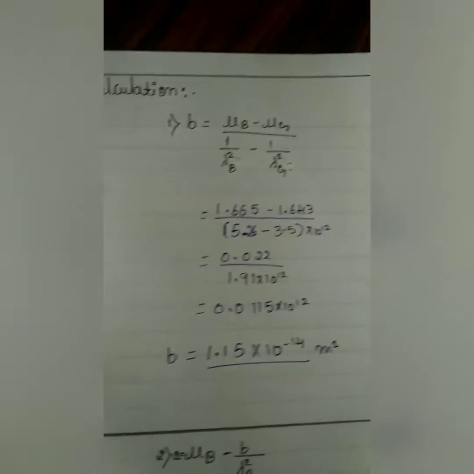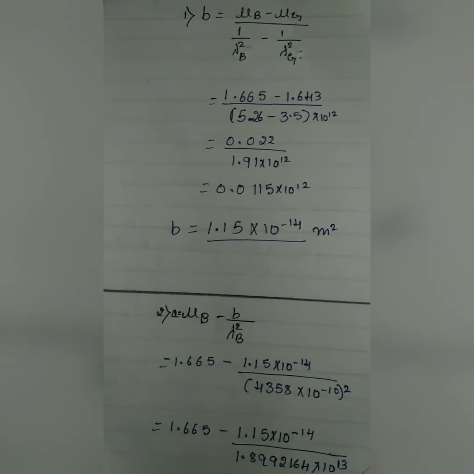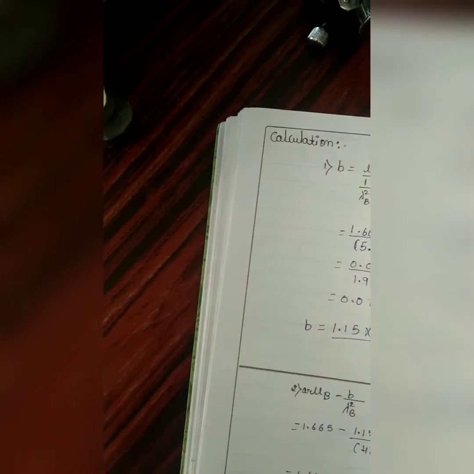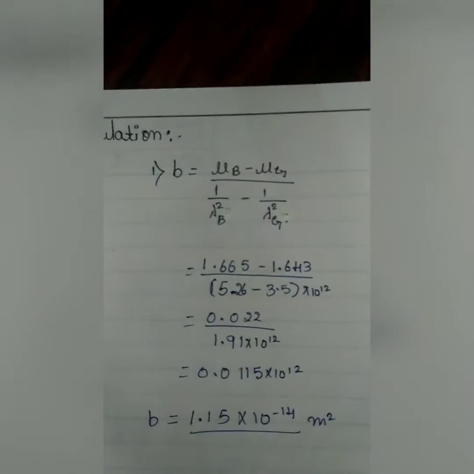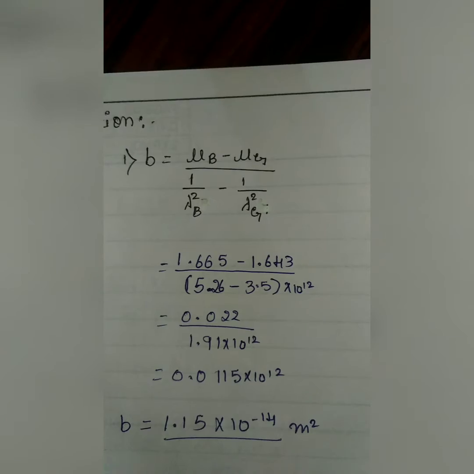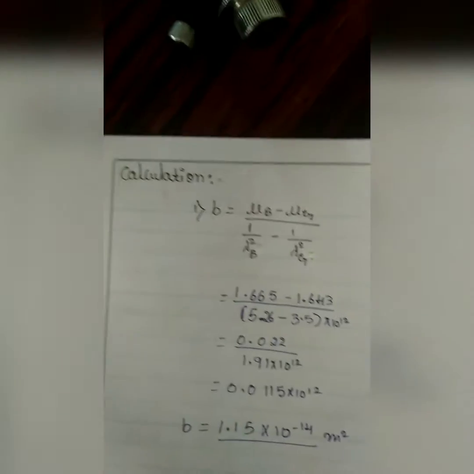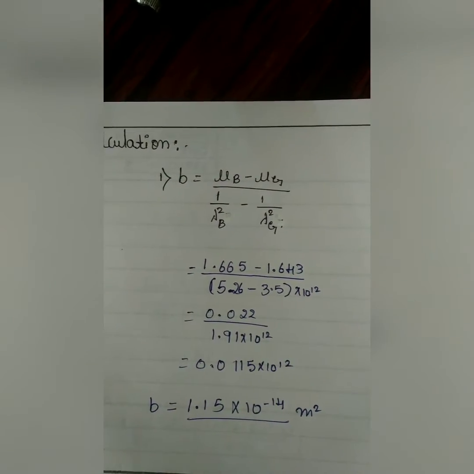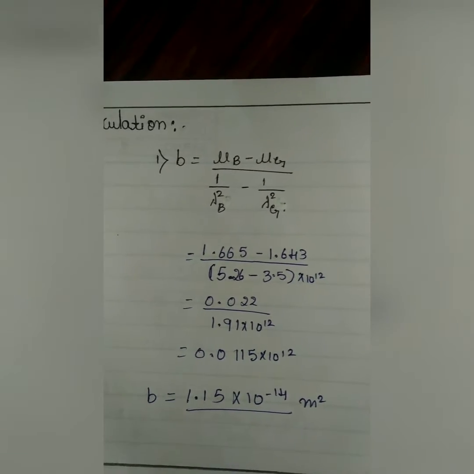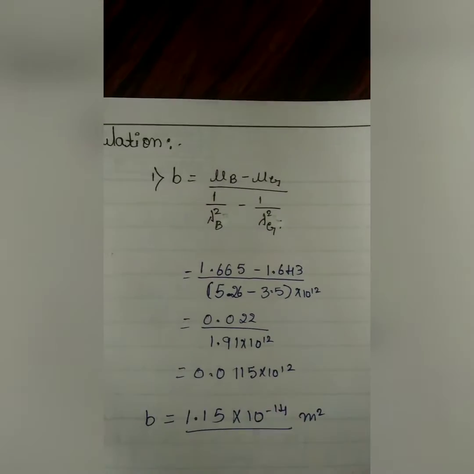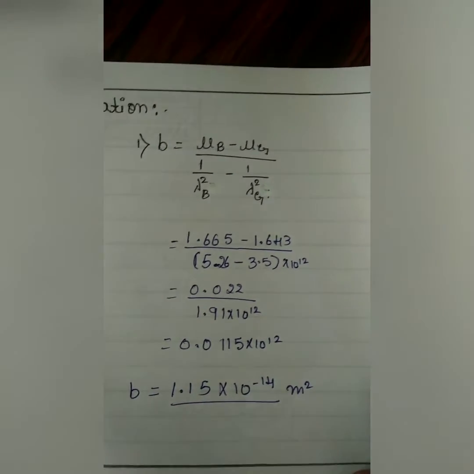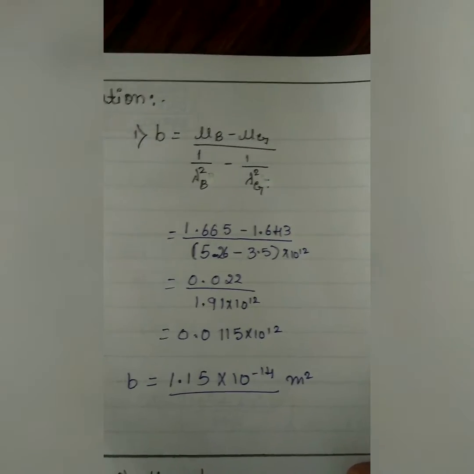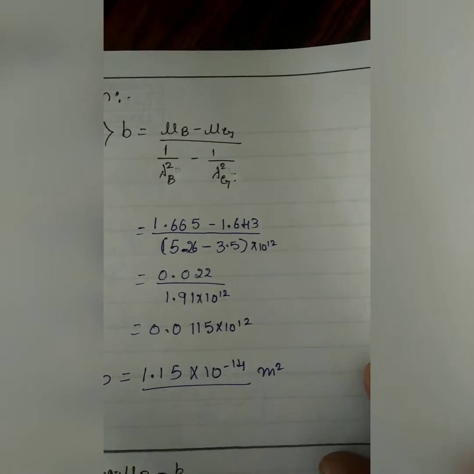Then you have to find the Cauchy's constant value using this formula: B equals mu B minus mu G divided by 1 by lambda B square minus 1 by lambda G square, where mu B is the refractive index of the blue color and mu G is the refractive index of the green color, and lambda B is the wavelength of the blue color and lambda G is the wavelength of the green color.